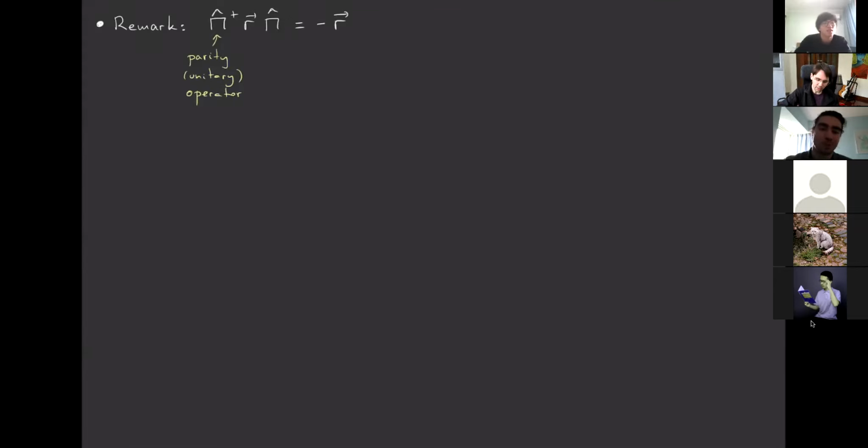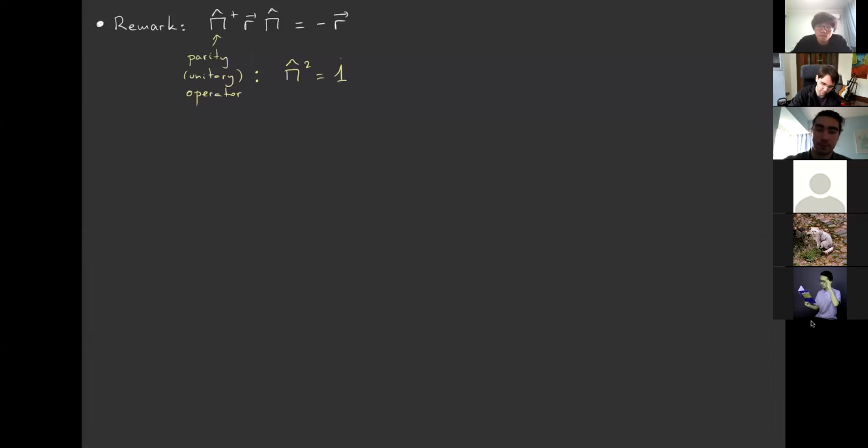Okay? Now, the first interesting thing to note about this operator is that because it has such a simple action, it just exchanges the sign of the coordinates, then this automatically means that if I apply it twice, I just get the identity. So let me write the identity in this way, maybe just so we don't confuse it with the I that I wrote before for the nuclear spin. So we are not going to talk about nuclear spin anymore.